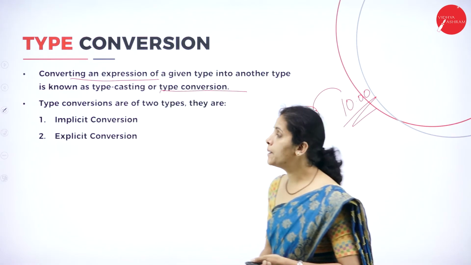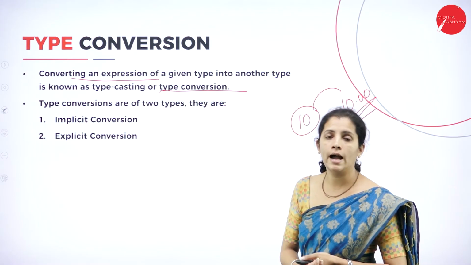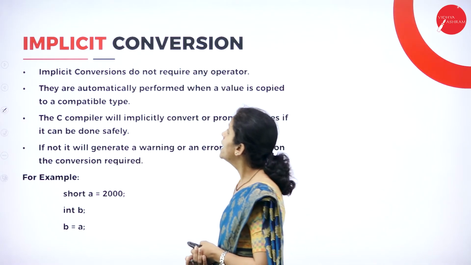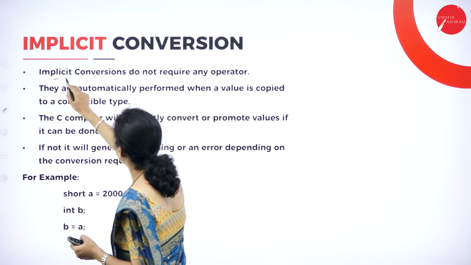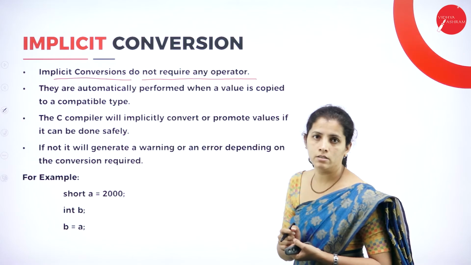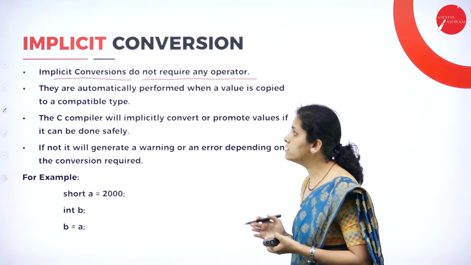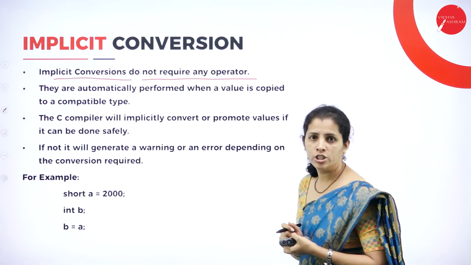And there are two types of type conversion, that is implicit type conversion and explicit type conversion. So what is this implicit type conversion? Implicit type conversions do not require any operator. So here I'm not going to use any operator and automatically it's going to perform the conversion.